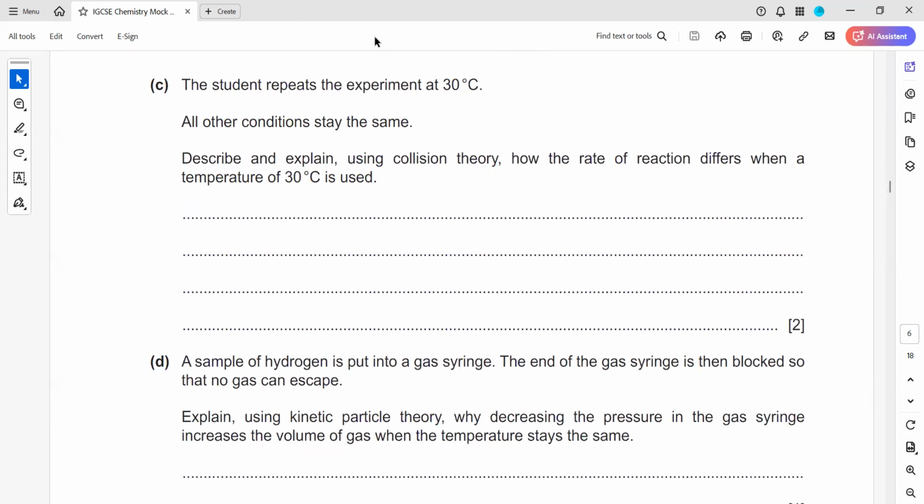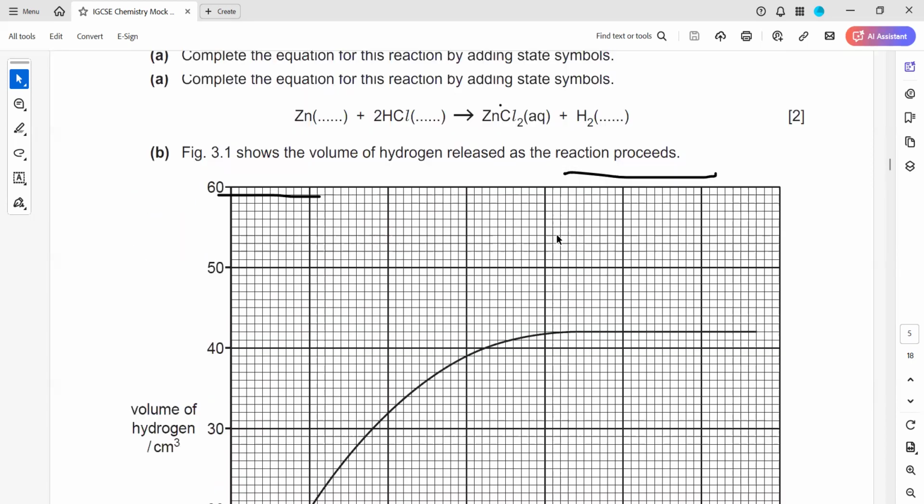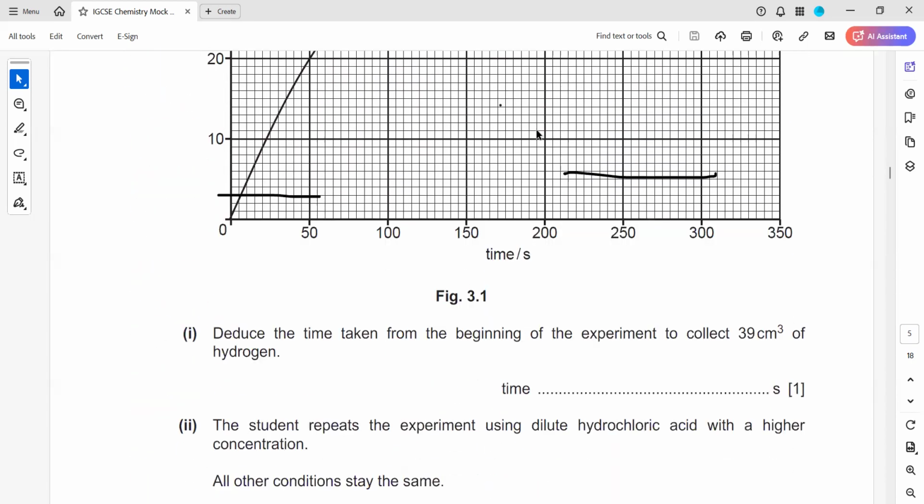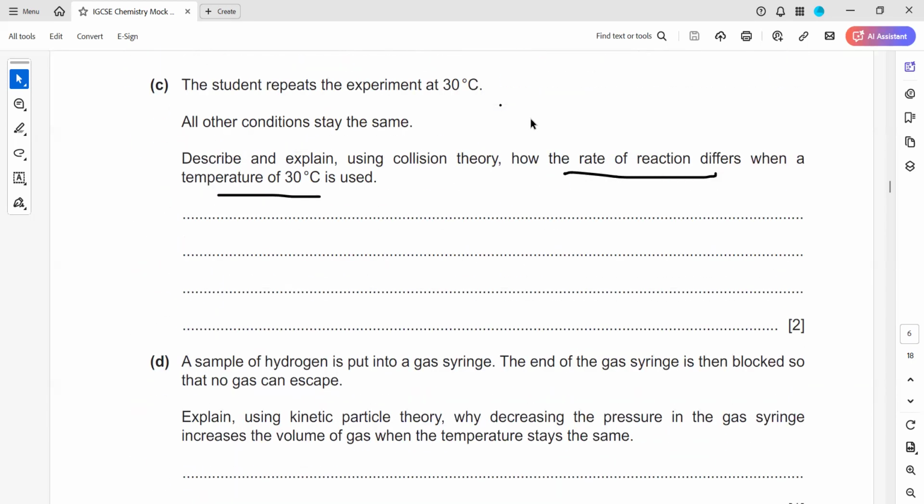The student repeats the experiment at 30. All conditions stay the same. Describe and explain using collision theory how the rate of reaction differs at 30. Before, the temperature was 25. So now it is 30. So higher temperature, it's just memorized.